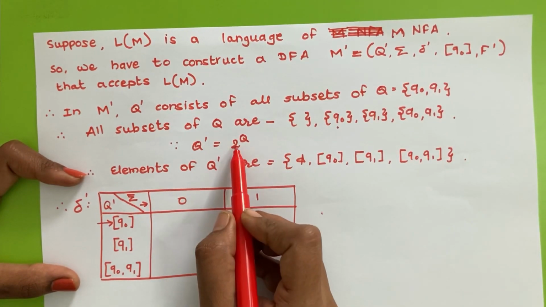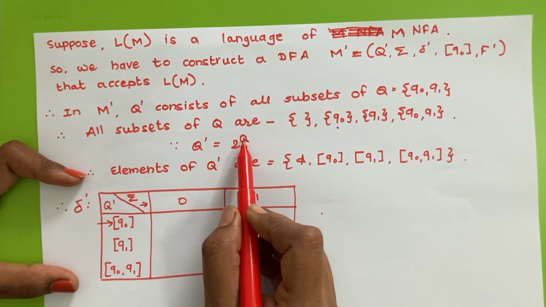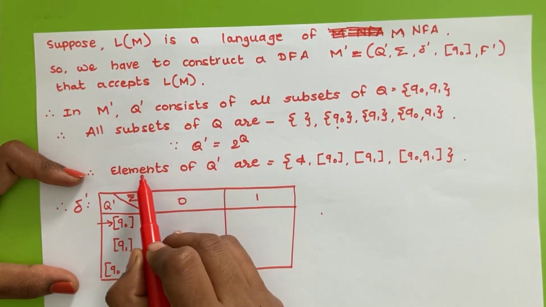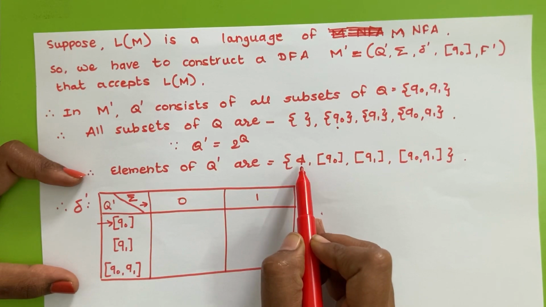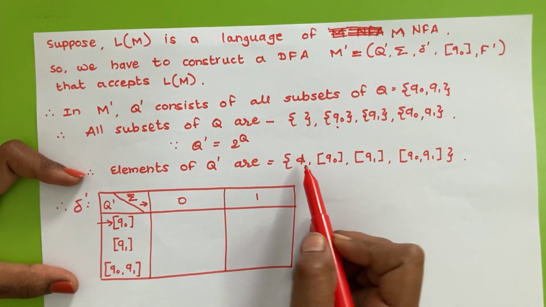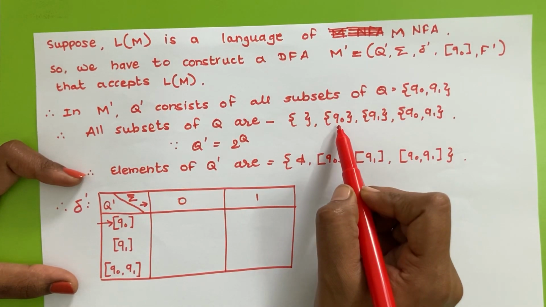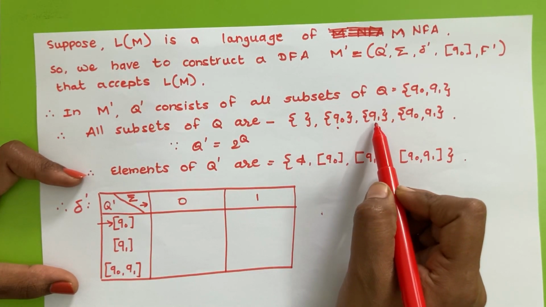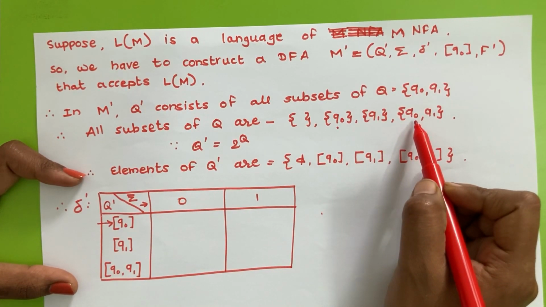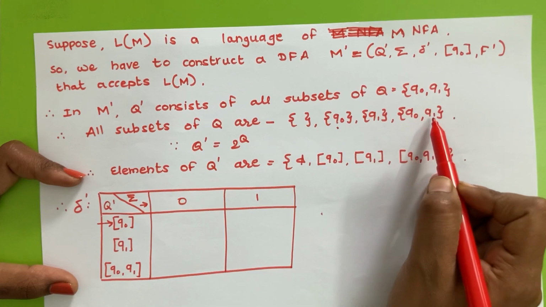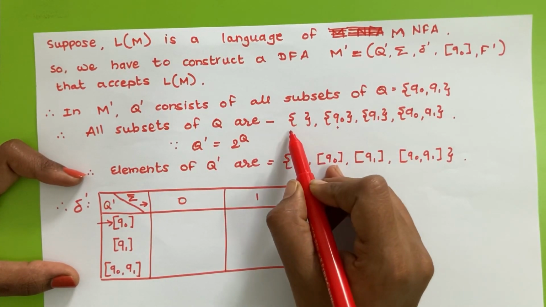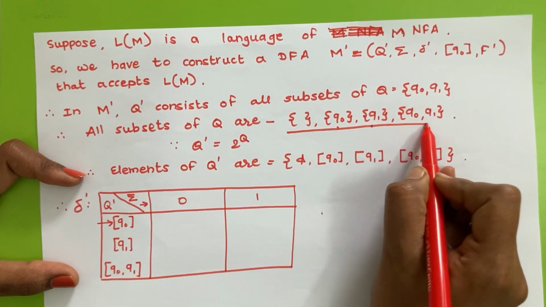So 2 raised to Q is nothing but the power set of Q, and that is Q dash. The elements of Q dash are first the empty set, which is always a subset of itself. Next element is Q0, then Q1, and then the set itself, Q0, Q1, is also a subset. So 2 raised to Q includes these 4 elements.